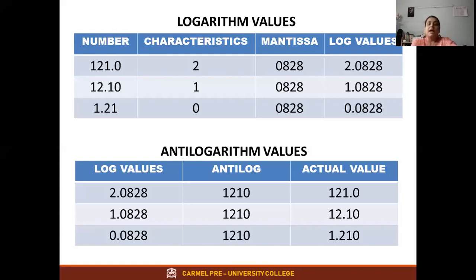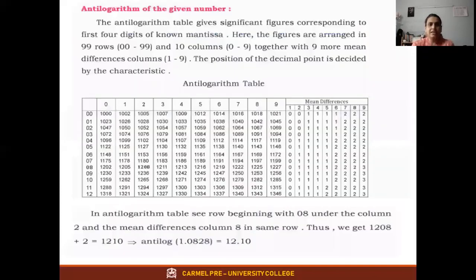Simple. Now, anti-log values, the anti-log of the logarithm values. For 2.0828, you have to check in the anti-log table for 0.0828. Where will we search?